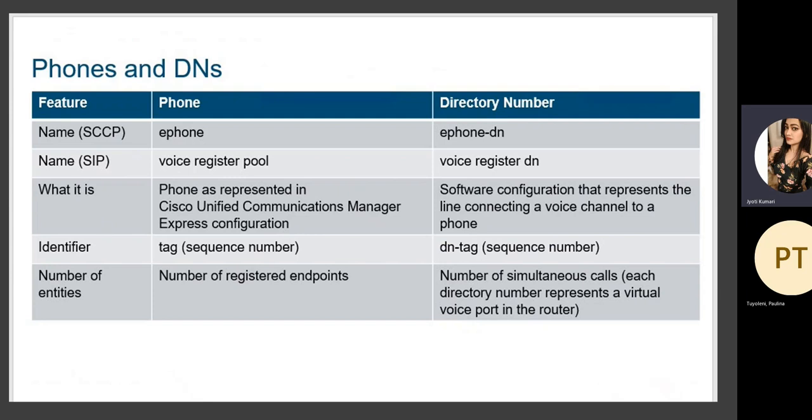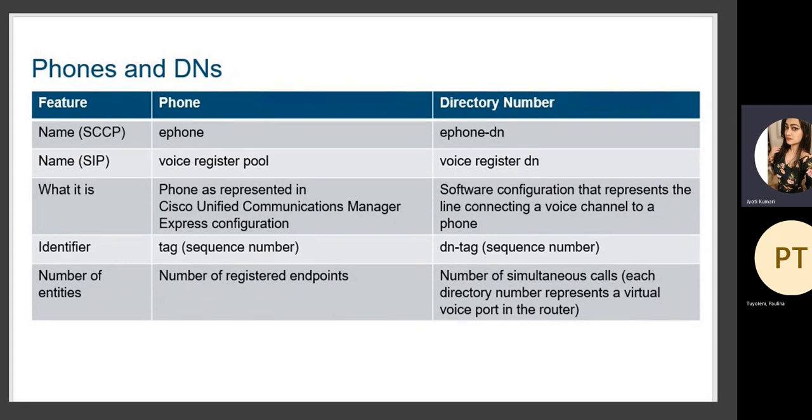Then next is phones and DNs. Now, there are different features for phones and DNs that we will see now. In an SCCP phone, the term that we use for phones is ephone, and for directory number it is ephone-dn. Like we configured in the lab, ephone 1, ephone-dn 1, we were using these terms.